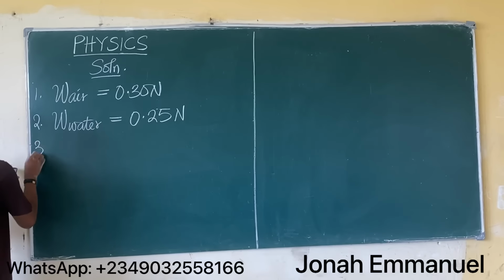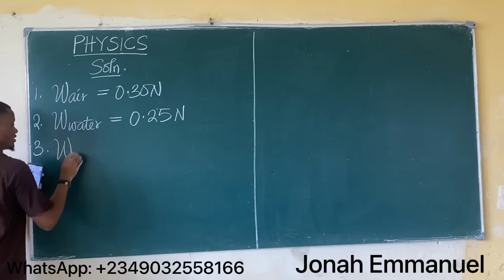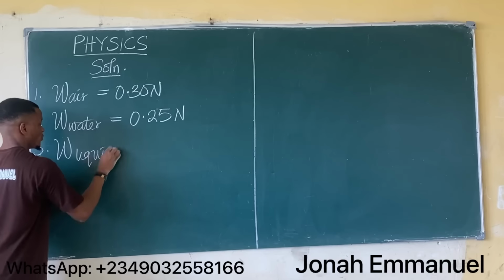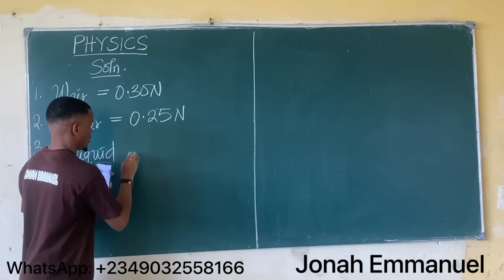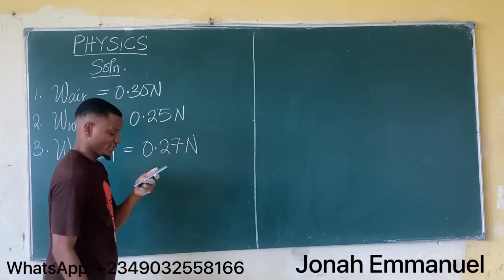Also, number 3, when immersed in a liquid, we don't know the liquid, so just write W liquid as being equal to 0.27 Newton.